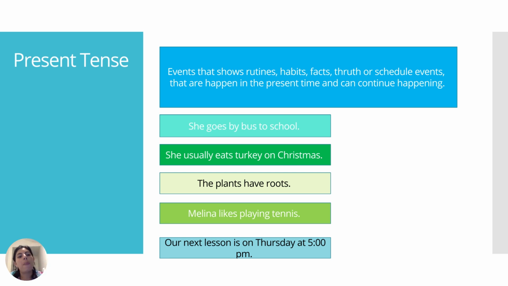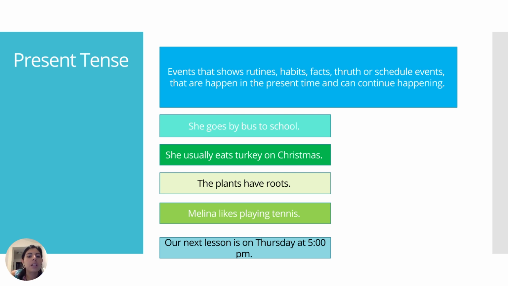Now we have here the present tense. In this case, we have different events that show, for example, routines, habits, facts, truths, or scheduled events that are happening in the present time. And they can also continue happening.